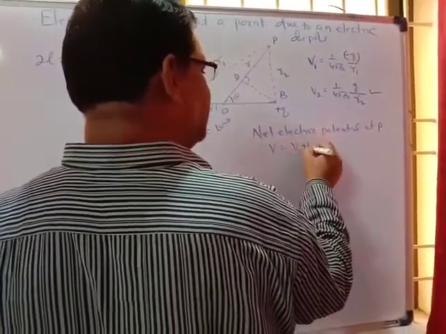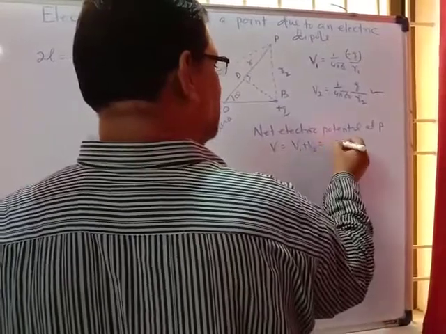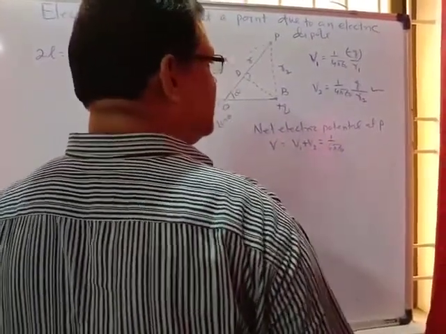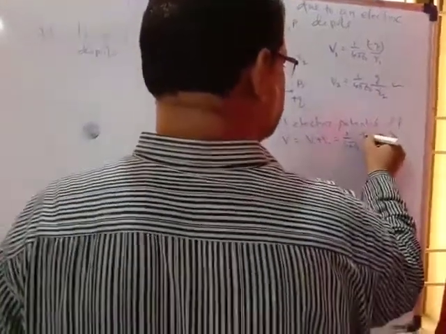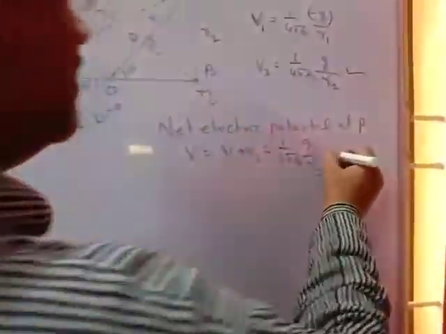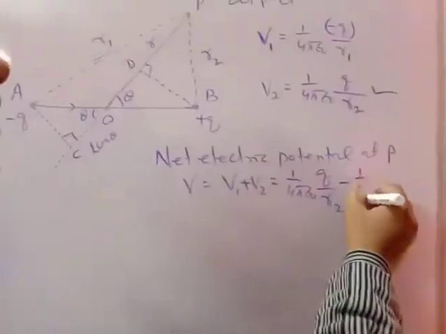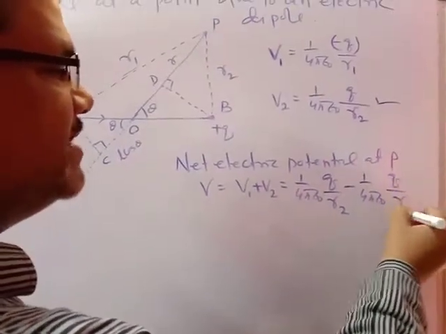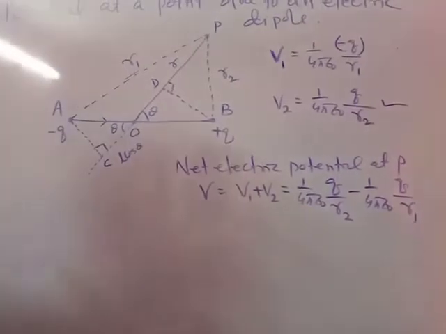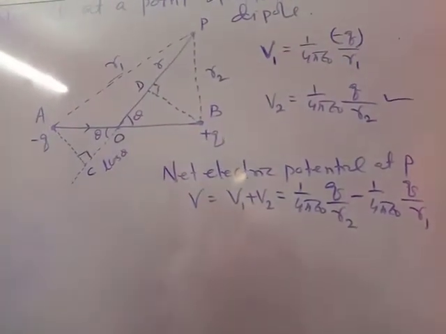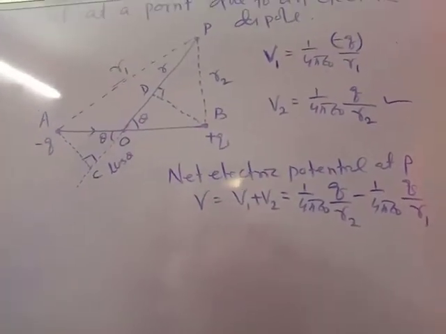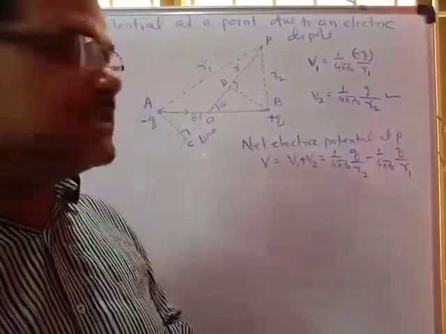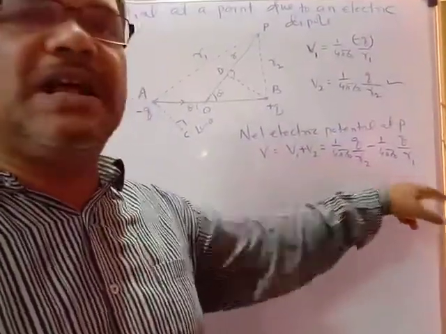And this will be equal to 1 upon 4 pi epsilon naught q upon R2 minus 1 upon 4 pi epsilon naught q upon R1, because that minus sign is here. But our target is not to keep the relations in terms of R1 and R2.